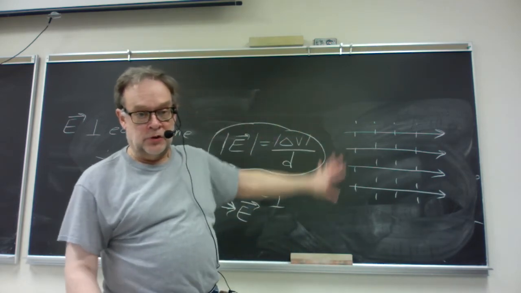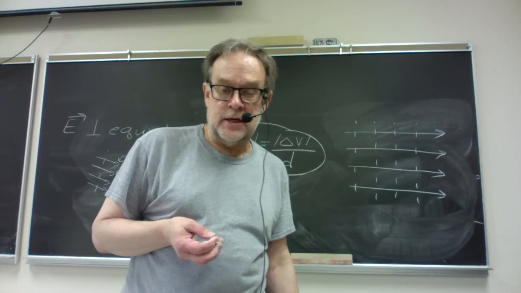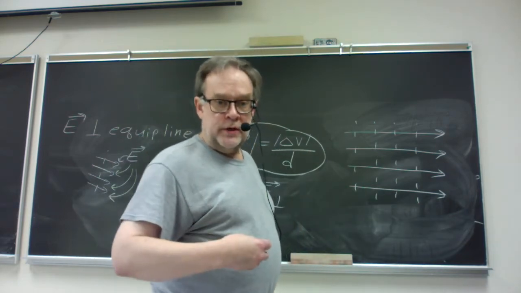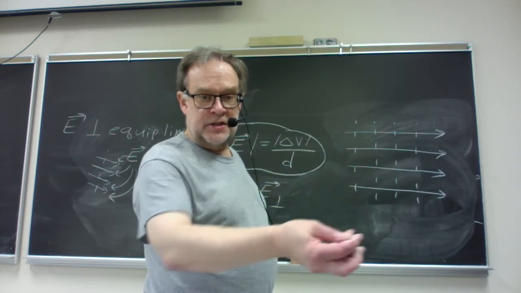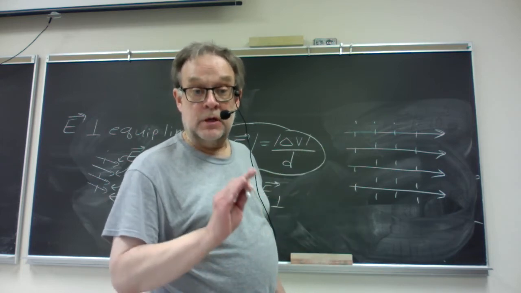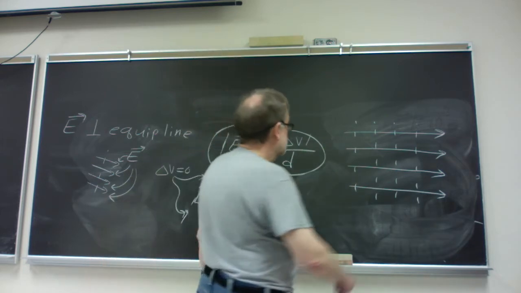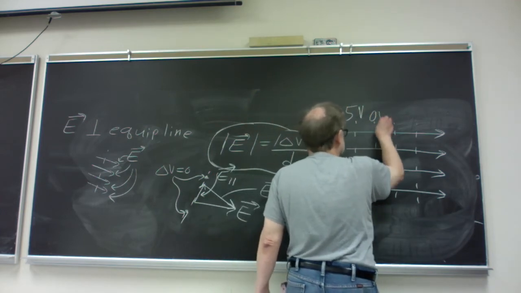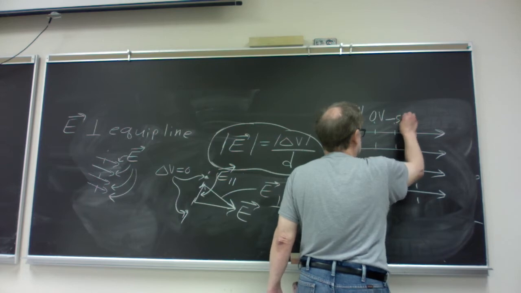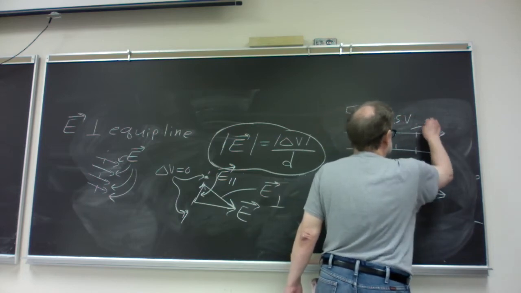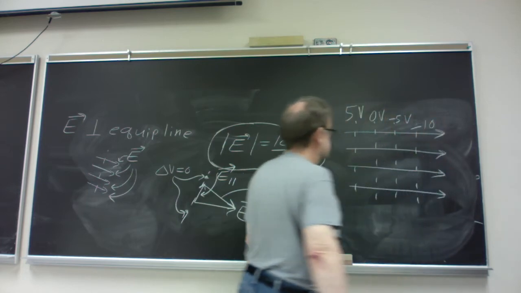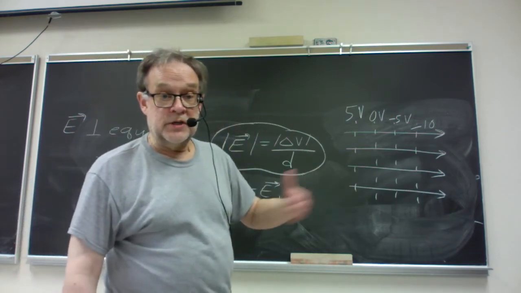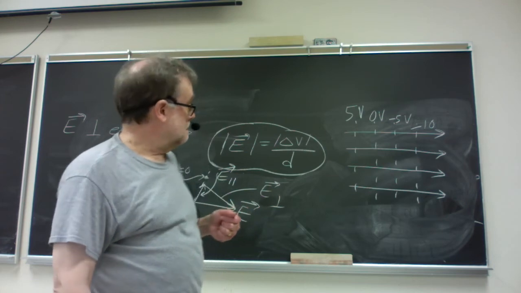In other words, the equipotential lines are just plain vertical in this case. And remember, from one equipotential line to the next is always the same amount of potential change. So let's say here it's 5 volts and 0 volts and minus 5 volts and minus 10 volts. Decreasing by 5 volts every time we take a step to the right.